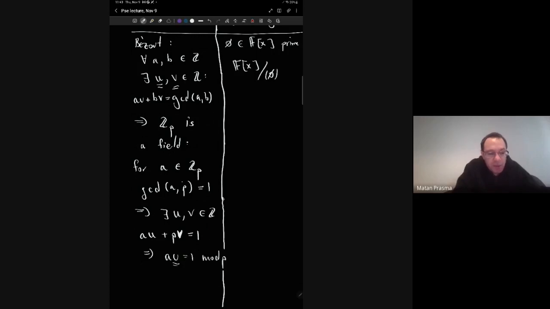You have addition and multiplication modulo phi, so it is a ring, and all you need to show in order to show that it's a field is that there is a multiplicative inverse.